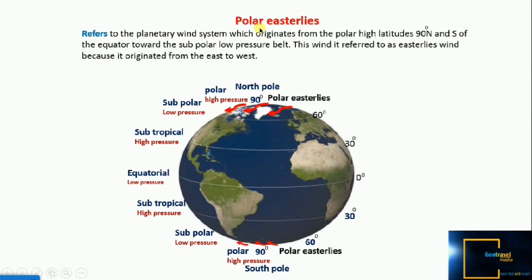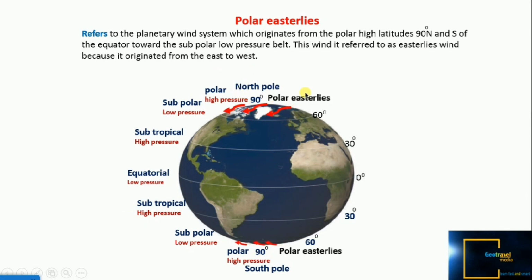Polar easterlies wind normally operates from 90 degrees from the north and south poles, from the colder areas, northwards and southwards toward the subpolar low pressure belt north and south.